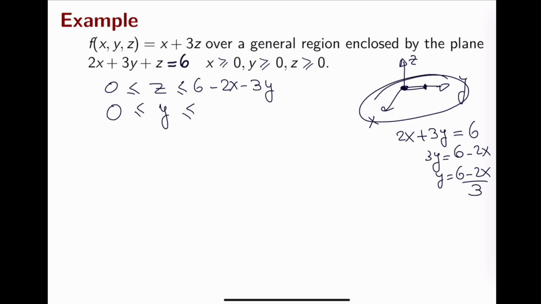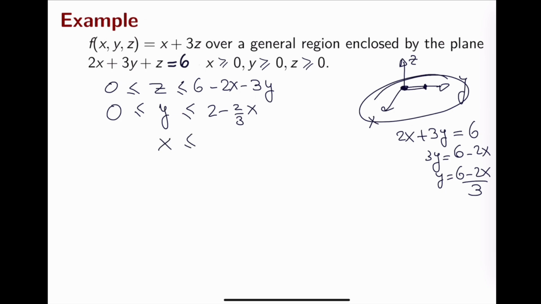This is going to be the upper bound for y. And observe that y is still dependent, but now on just one variable, the other one. 6 over 3 is 2 minus 2/3 x. So this is going to be the upper bound of the variation of y.